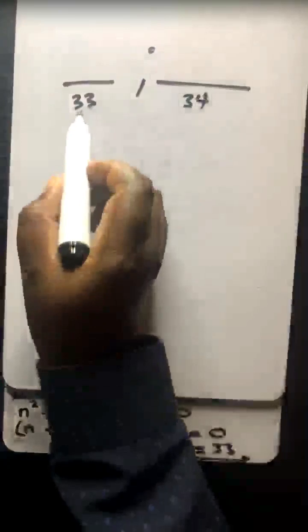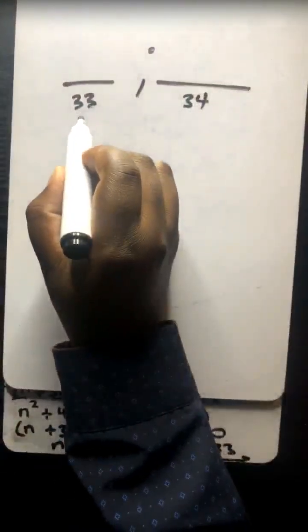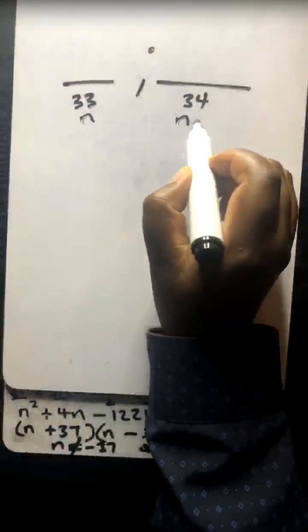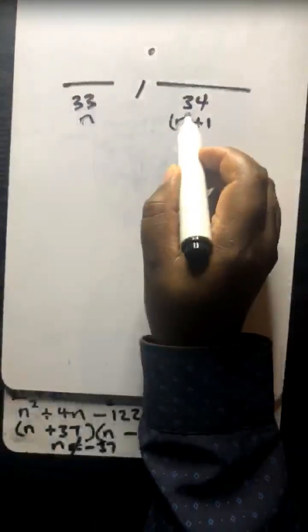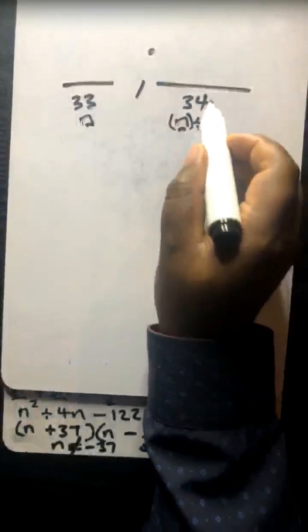After stand number 33, you remember, guys, we said this stand number is stand number n, and this next one is stand number n plus 1. So obviously, this is stand number 33. The next one is going to be 33 plus 1, which is stand number 34.